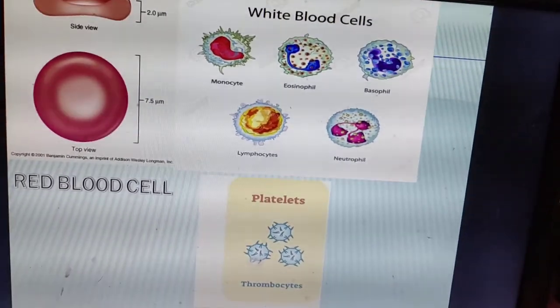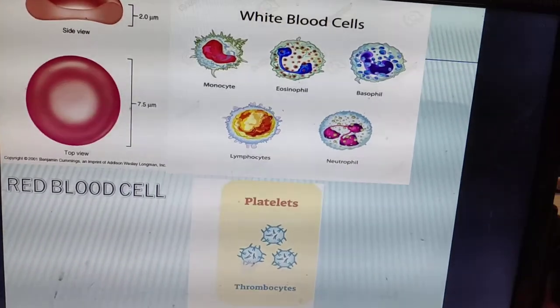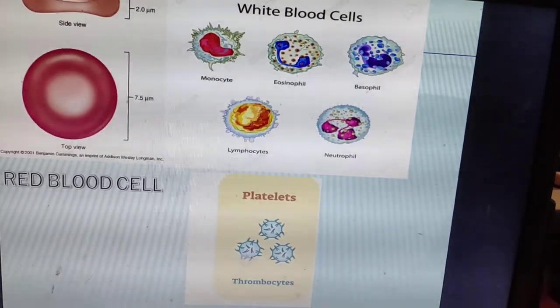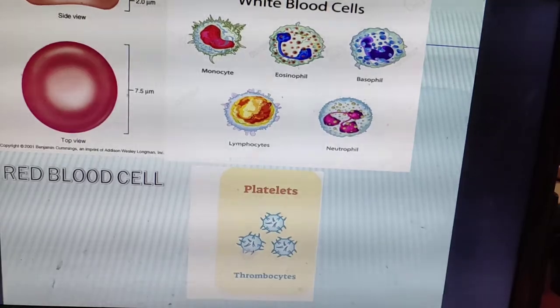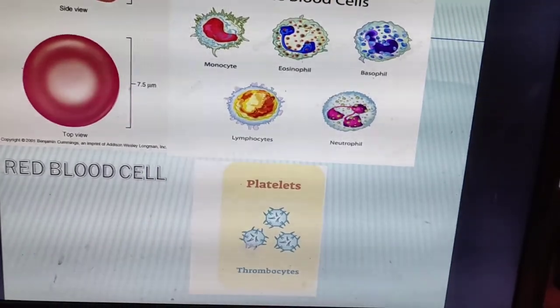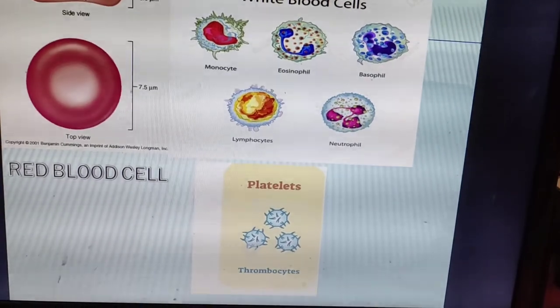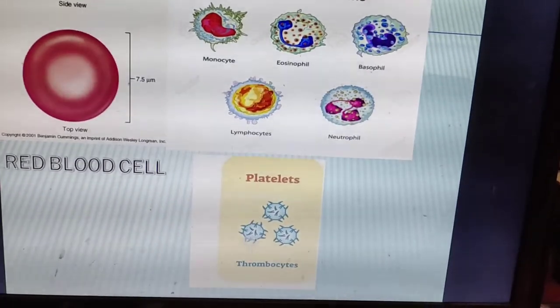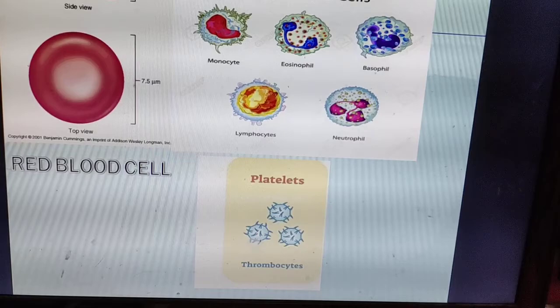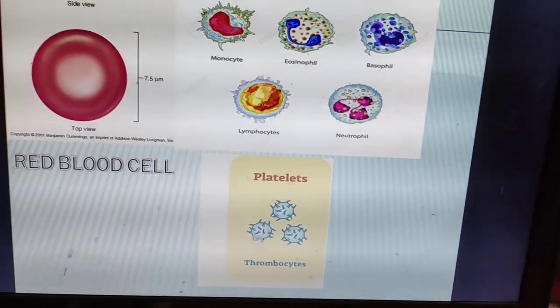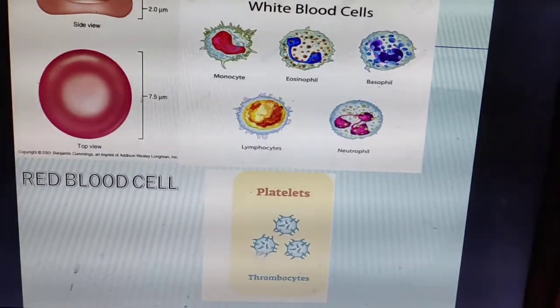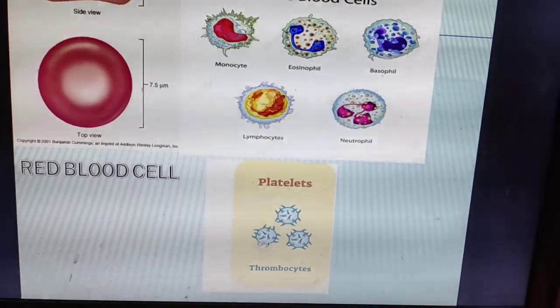Both are important. And for white blood cells, I'm showing you the diagram of all the types of white blood cells. In exam, you can draw any 2 or 3 of them. Not all of them, but any 2 or 3 will do. And platelets. Platelets are very simple diagrams, thrombocytes. So these 3 diagrams are important from the circulatory system.